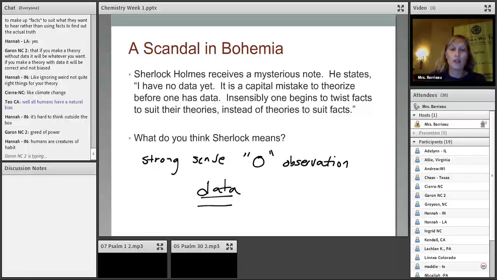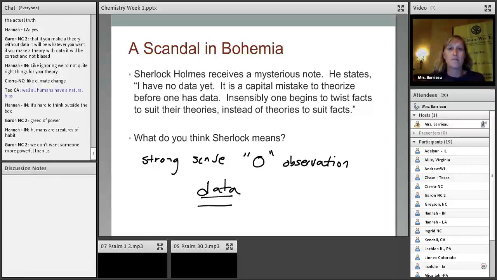So when we make our data and our observations, it has to be what we see. It's not like, well, I think I might have seen it turn blue. Well, you either saw it turn blue or it didn't turn blue. Okay? If it turned blue, then we need to write that information down. And there's something called Brain Games. I don't know if you guys have ever heard of Brain Games.